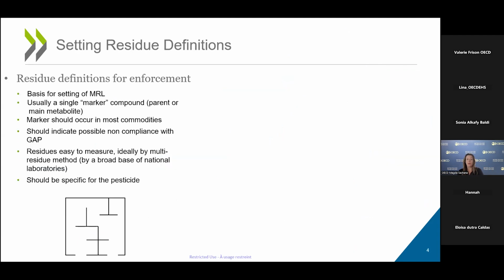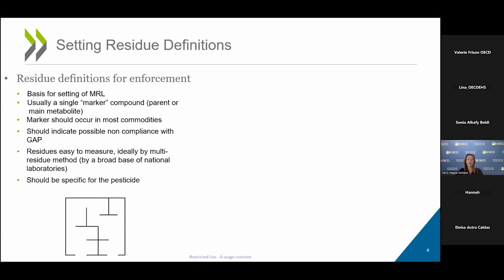So very briefly, to explain these two differences in setting residue definitions. We have the residue definitions for enforcement and monitoring, and you can see this is a less complex approach, because what we need to achieve is basically to obtain a single marker compound that should occur in most commodities and should indicate possible non-compliance with good agricultural practices.